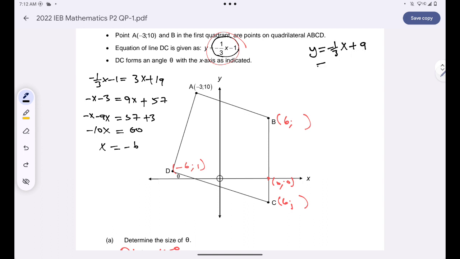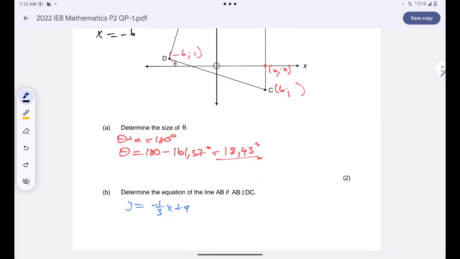I want to find the corresponding y value when x is 6. So I'll have negative 1 over 3 times 6 plus 9. This will give me negative 2 plus 9, which is just 7. So the corresponding y value is 7, right?